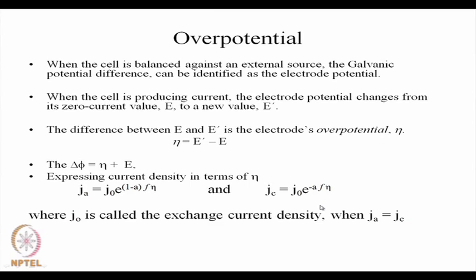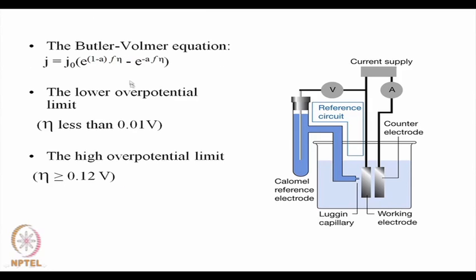Ja minus Jc is this one, and this is called the Butler-Volmer equation, where J is equal to J0, and J0 is the exchange current density. That is, when J equals 0, meaning Ja equals Jc, then you get the exchange current density.